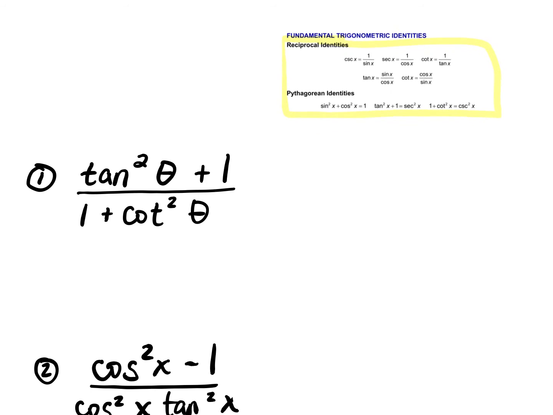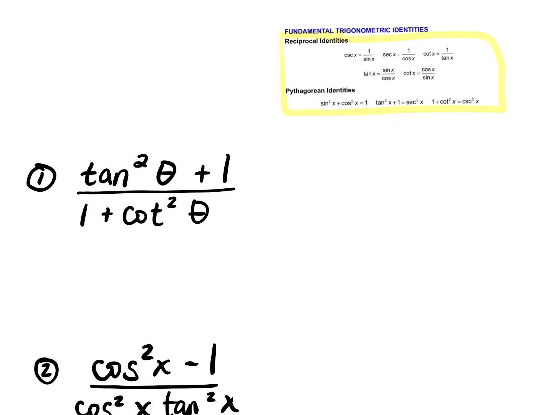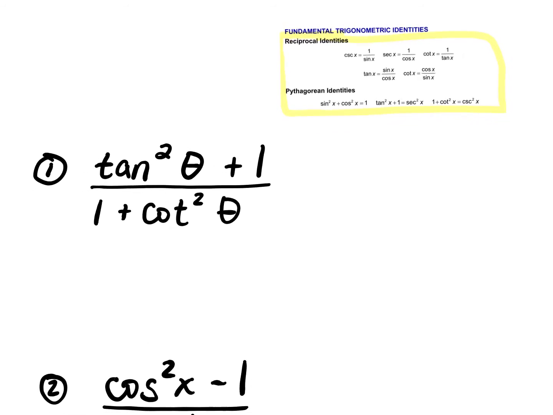We have our identities. You're going to have your identities right in front of you. So the way that we would attack a problem like this is you look at what you have, okay? The first thing I would do, instead of being like, okay, I got to get rid of that denominator right away, is I'd say, okay, I have a trig function squared and a plus 1. Let me look at my trig identities and see if there's anything that's the same. So I have tangent squared theta plus 1.